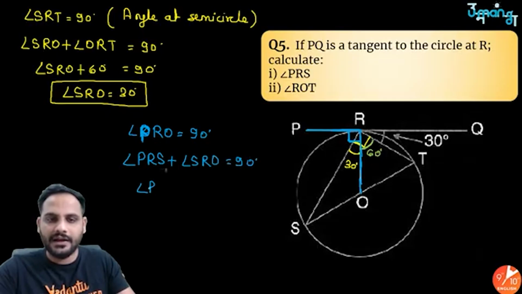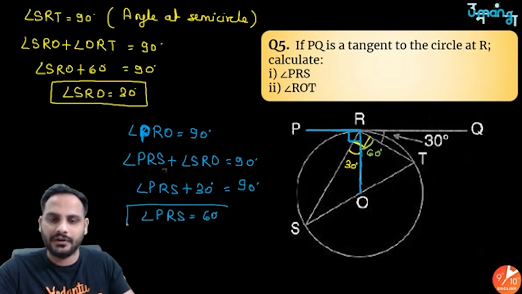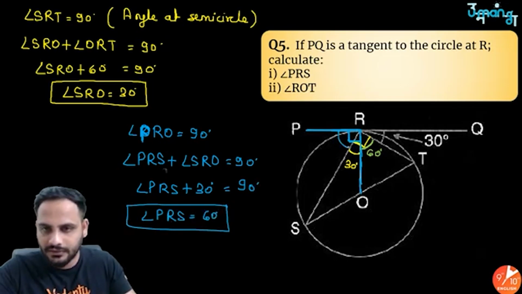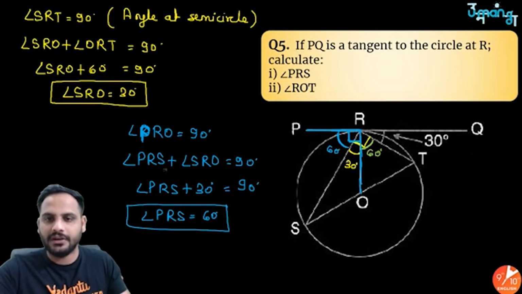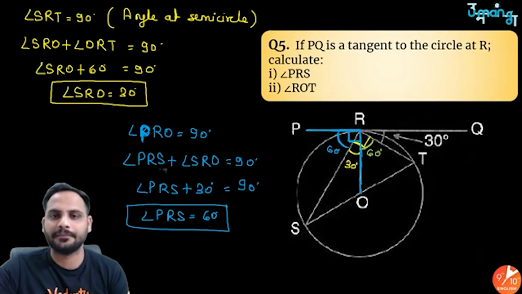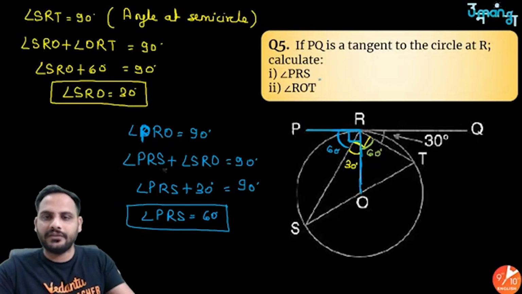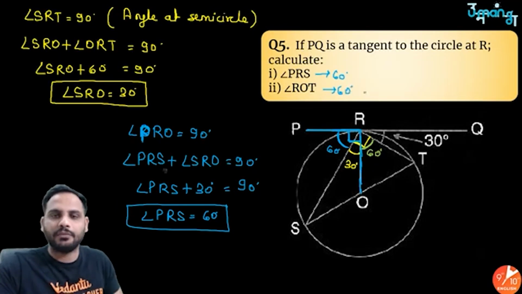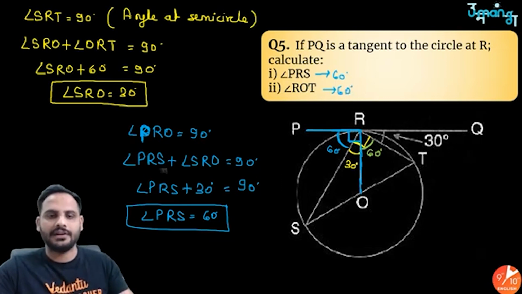So angle PRS I don't know, plus angle SRO, which we just found as 30 degrees, is equal to 90. So angle PRS will be equal to 60 degrees. Done. So this angle will be equal to 60 degrees. Got it? So angle PRS we have got as 60 degrees, and angle ROT also is equal to 60 degrees. Both we have got as 60 degrees.